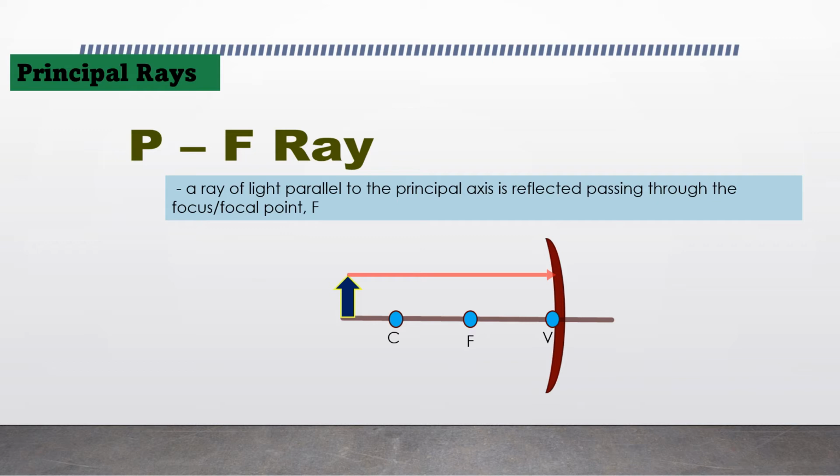Then it is reflected. So draw the reflected ray, and at this time, the reflected ray should pass through the focus or the focal point. So it goes like this. Okay? The blue color ray there is the reflected ray. So that is the P to F ray.